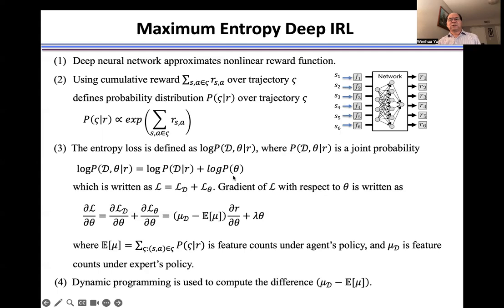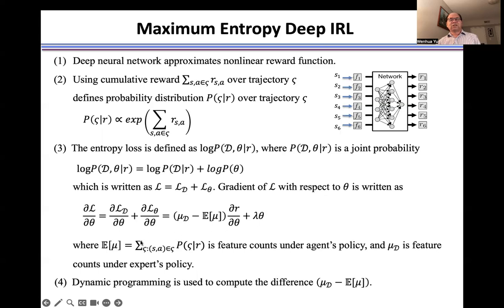To use gradient descent to update the parameter theta, we need to calculate the gradient of the loss function in two terms. The first term is this difference times the gradient of the reward with respect to the model parameter theta. The second term is regularization.